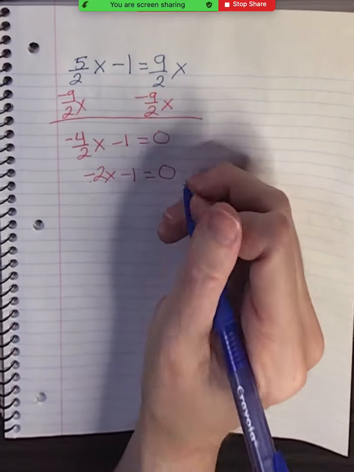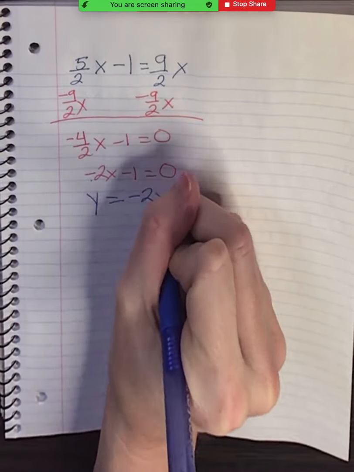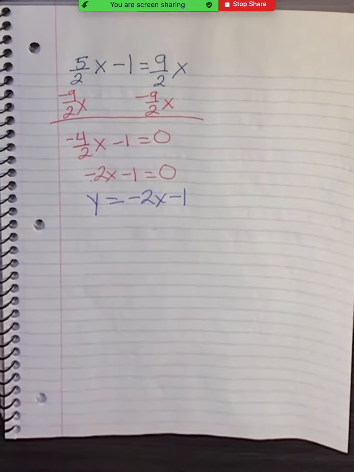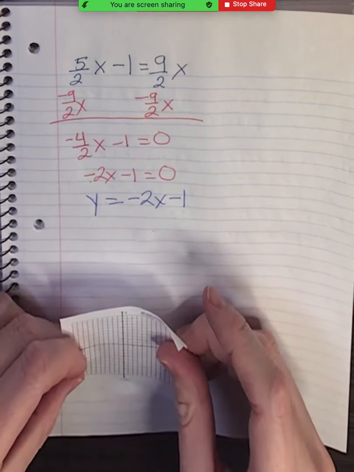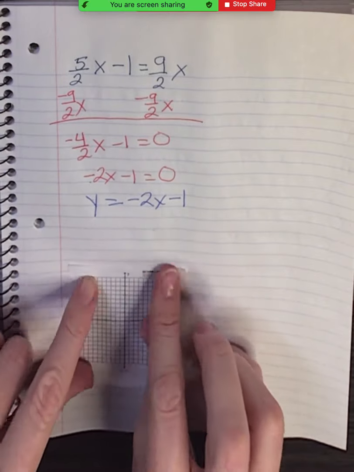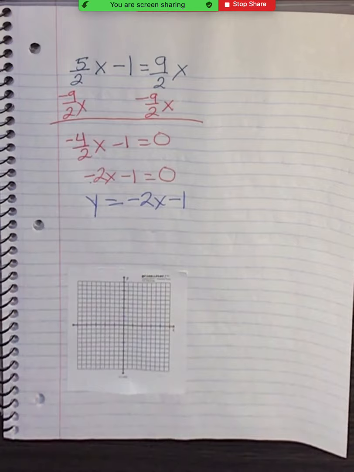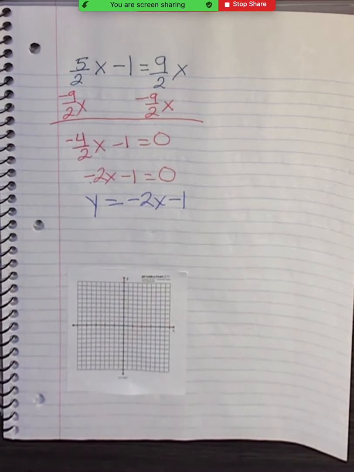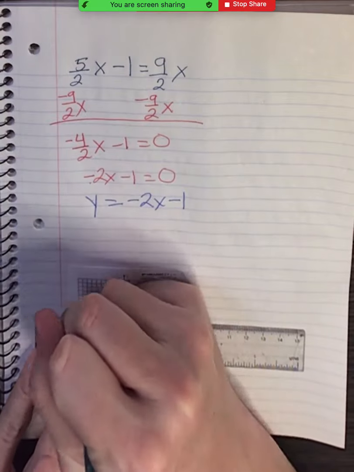Then you replace your 0 with a y. So I get y equals negative 2x minus 1. So then I need to graph this. Here is my x-axis.